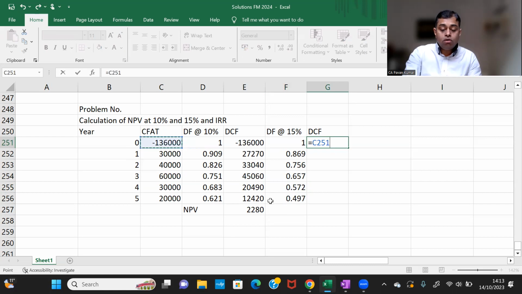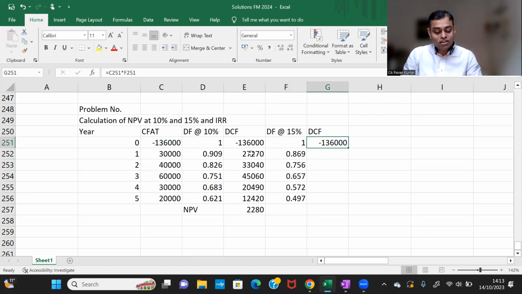So take cash flow, multiply with this. Now look carefully. Some people, by mistake, take these numbers and multiply with the discount factor. They'll take this column, DCF. Okay, so you need to do it like this.